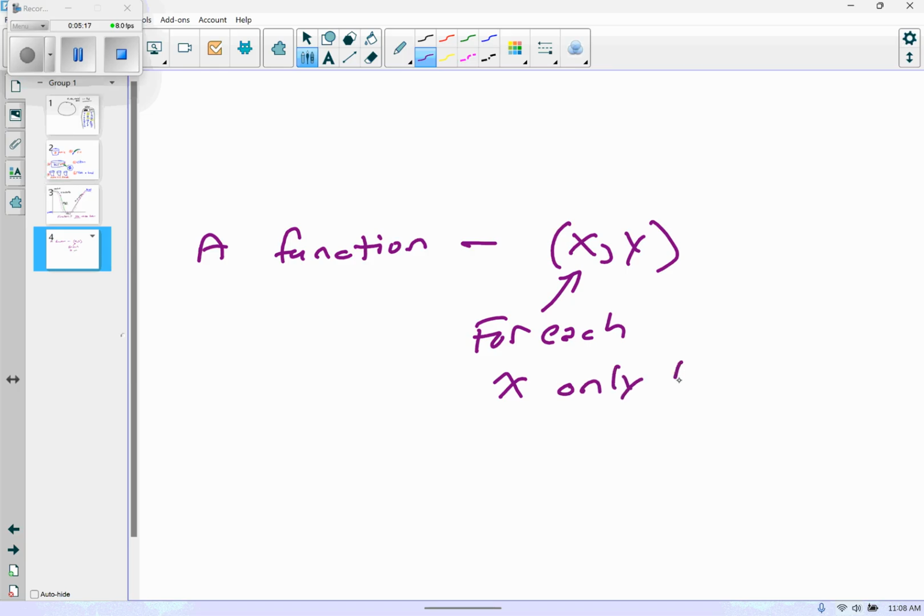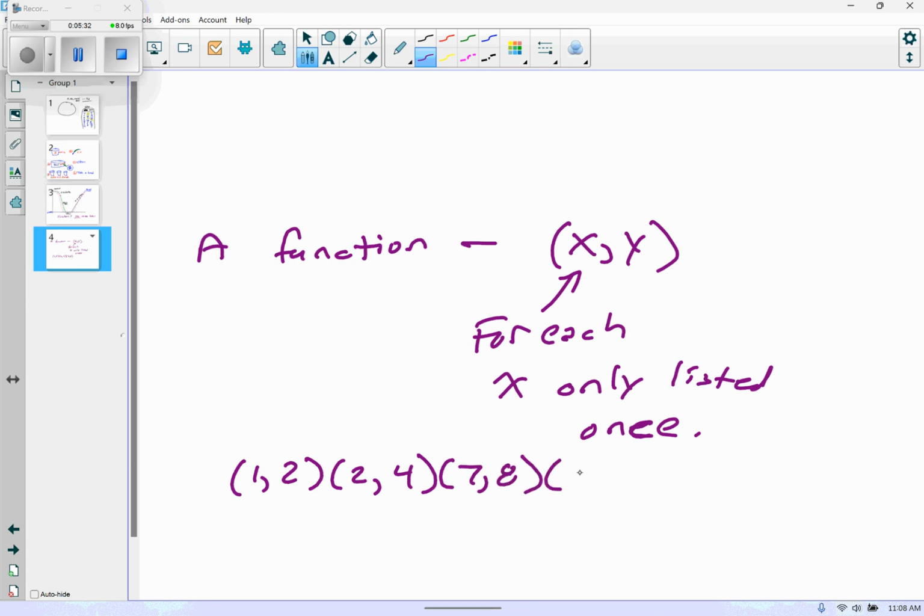For each x, only listed once. So if I had like 1, 2, 2, 4, 7, 8, 10, 7, this would be a function because the x value did not repeat. Okay, so let's think about that.